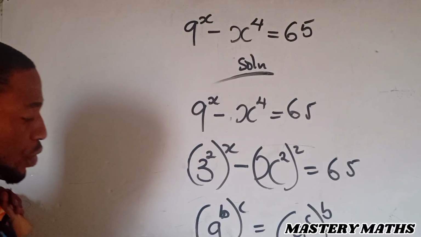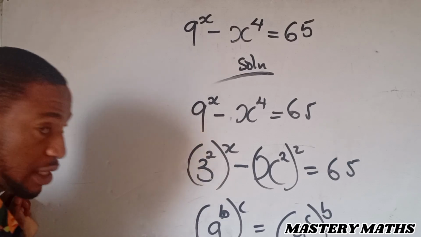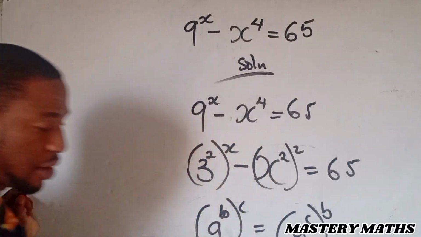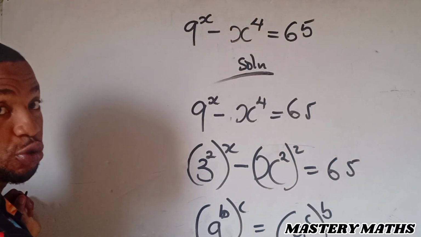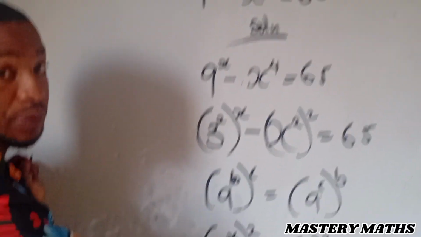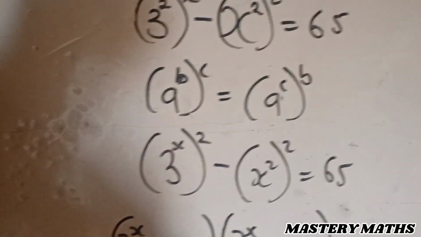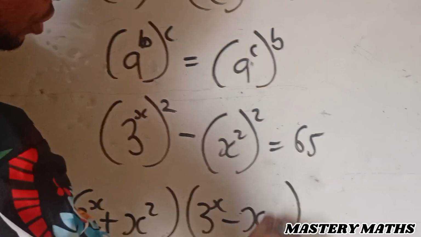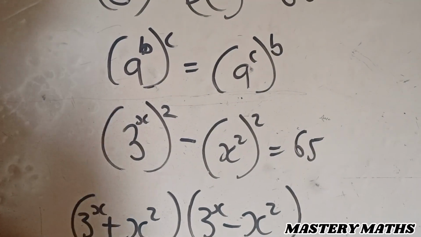Now, the next one, we take plus first. The next one, we take minus. Now, this one is also 2 as well. So, we take 2 raised to the power x, and we take another one, 2 raised to the power x. You see it now?